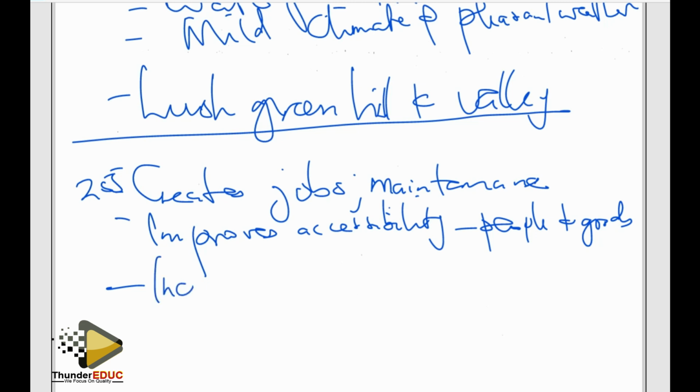Then it also contributes towards increased tourism or tourist visits. Given that there is now a functional and connecting road network, more tourists are now able to visit the place, and it's convenient for tourists to visit, given that there is now an easier way to access the area. So increased tourism activities are going to contribute towards the levels of income of people in the area. Then you can also talk of the benefit of reduced transportation costs.